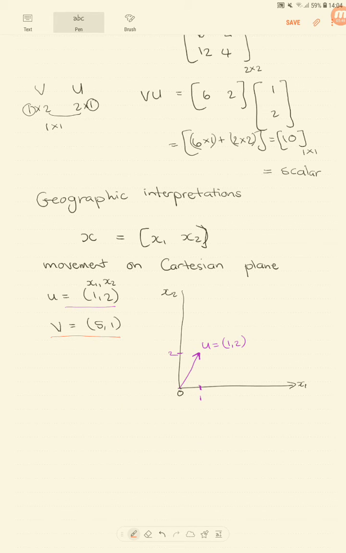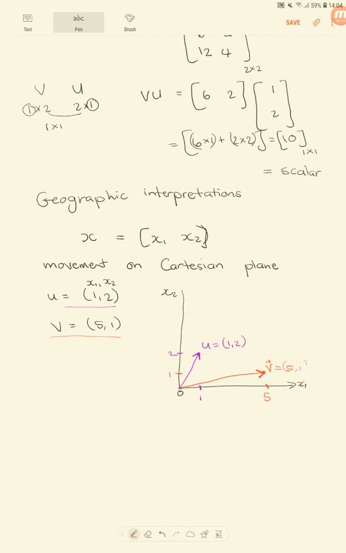If we take v, x1 is 5 and x2 is 1. So it would be that point. From the origin to that point, we have vector v. What we sometimes do is indicate that it's a vector with an arrow above it.